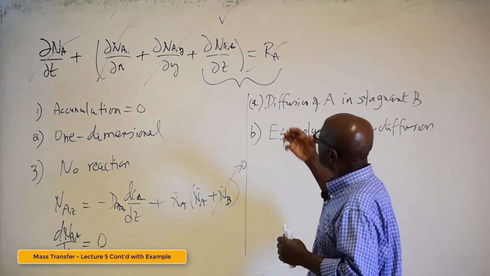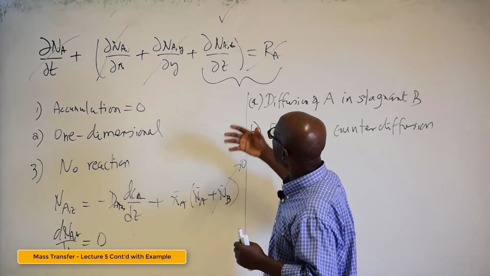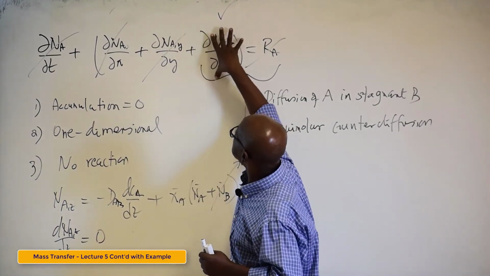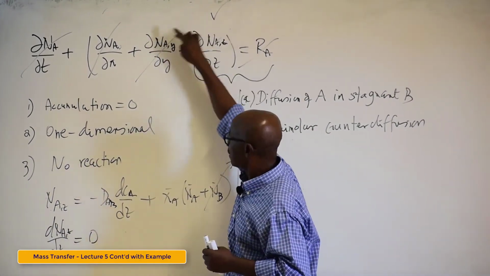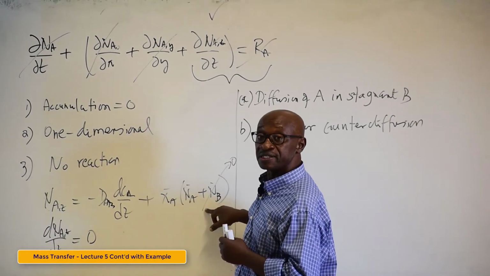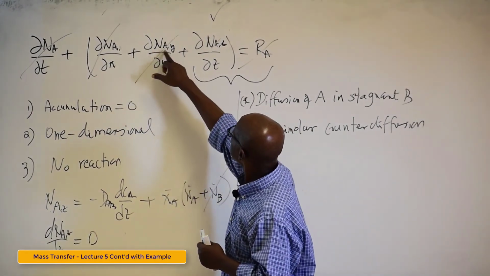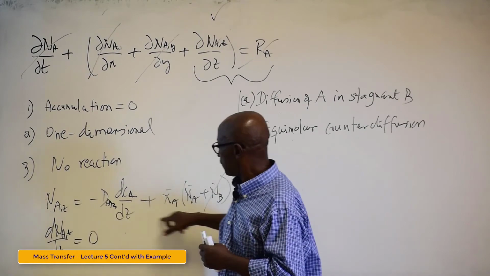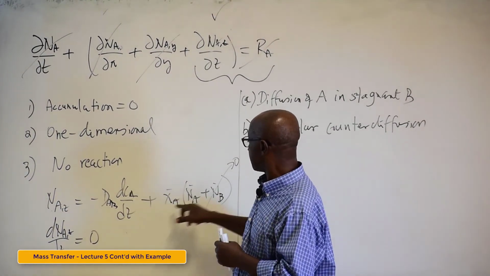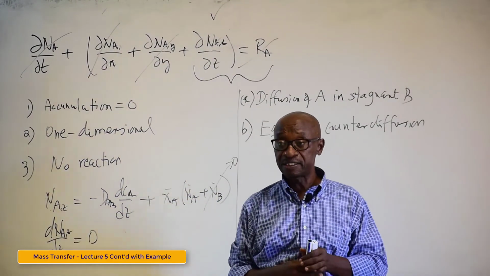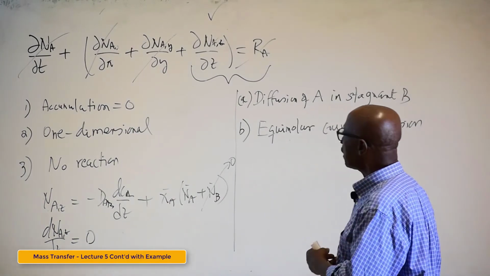The Laplace equation happens after you have substituted for the fluxes NA, NC with these equations, then you introduce concentration.